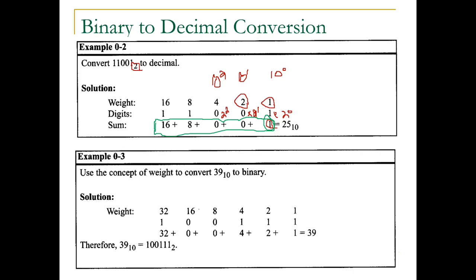And when we convert binary back into decimal, we multiply each binary bit by its weight and sum up all of these numbers, which gives the decimal number to the base 10.